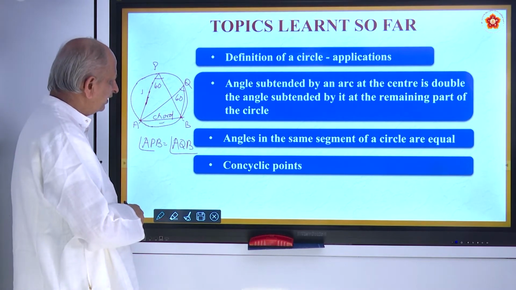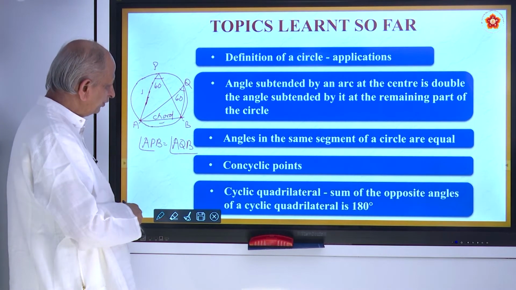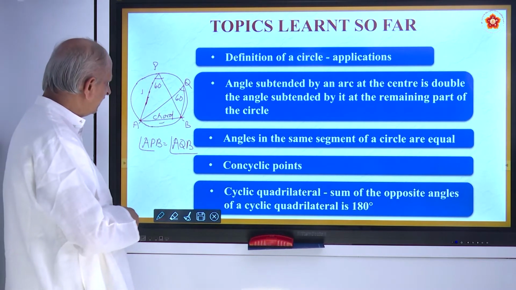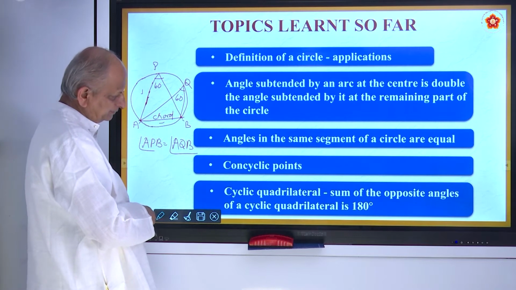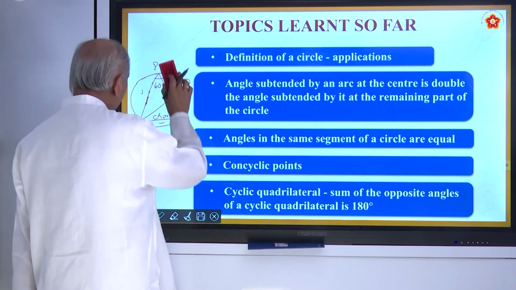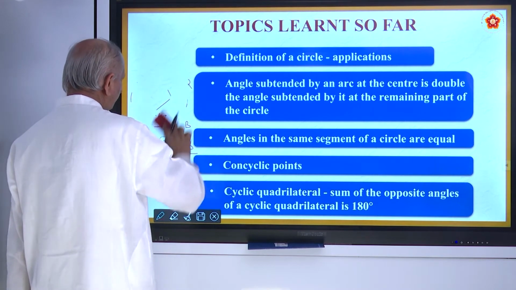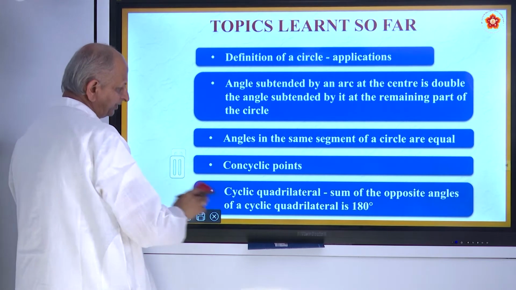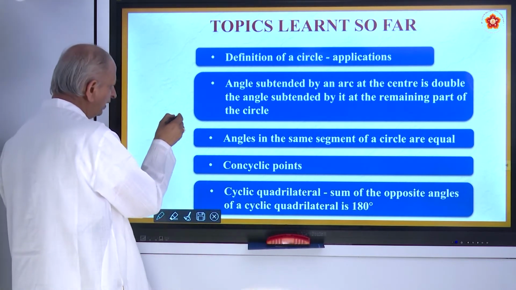And also we have seen one more thing about cyclic quadrilateral. Opposite angles of a cyclic quadrilateral are supplementary. Means the sum of the opposite angles in a cyclic quadrilateral will be 180 degrees.